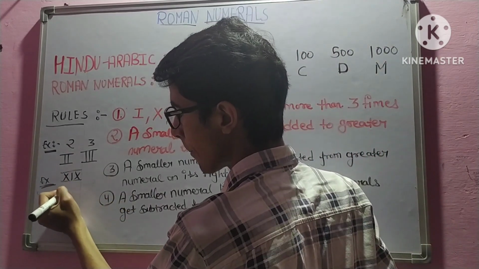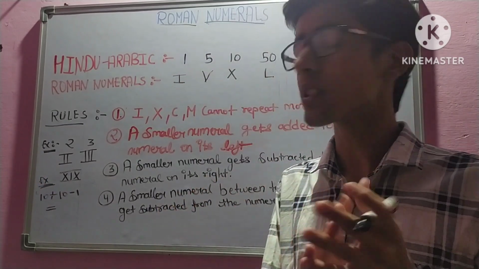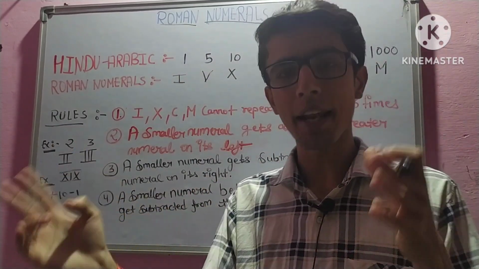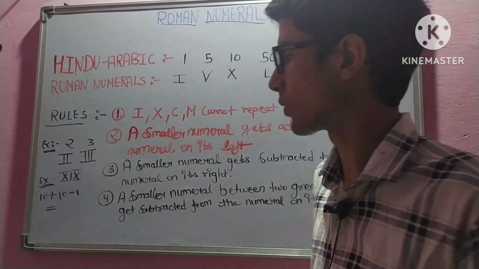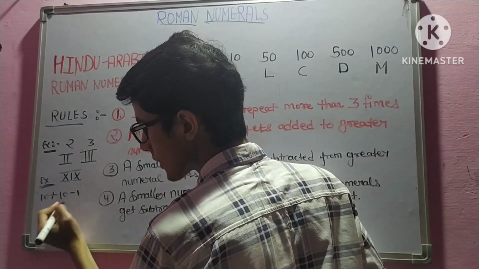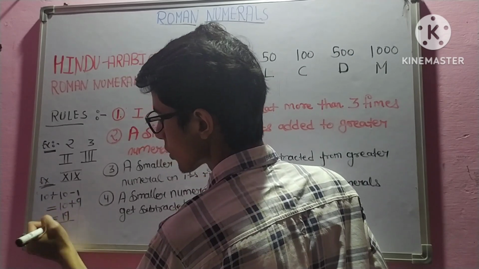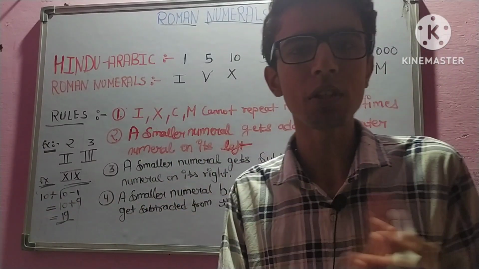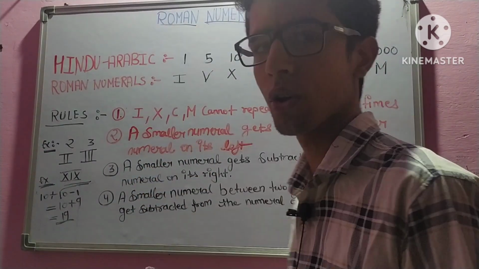So 10 minus 1. If both greater numerals are on the left and right side, then the subtraction will come on the right side only. So 10 minus 1 is equal to 9. 10 plus 9 is equal to 19. So these are the 4 basic rules that you have to learn before changing Hindu Arabic into Roman numerals.